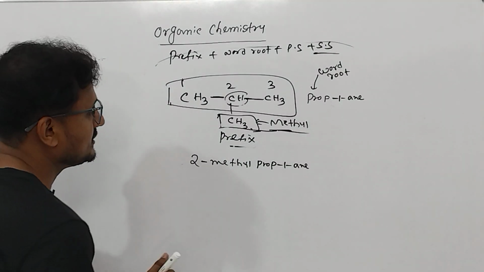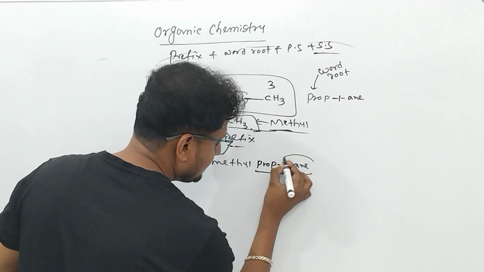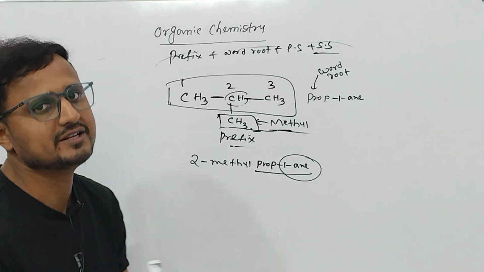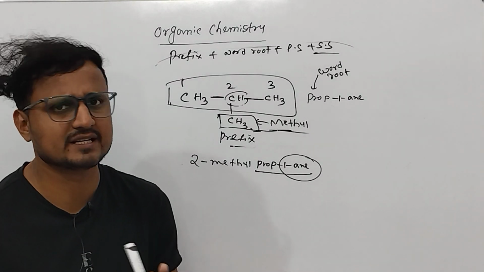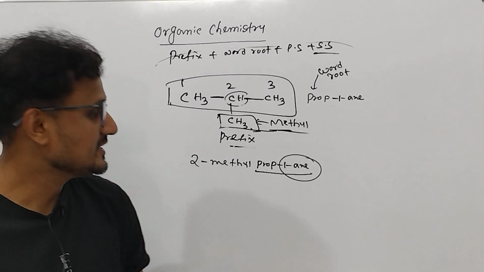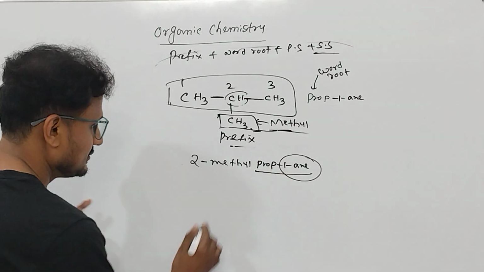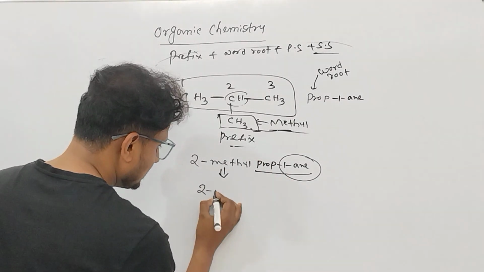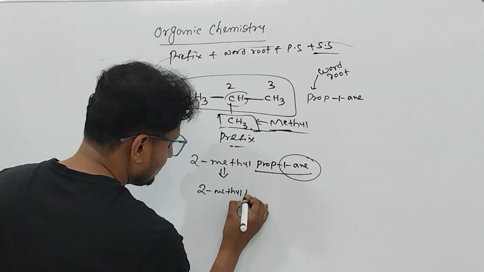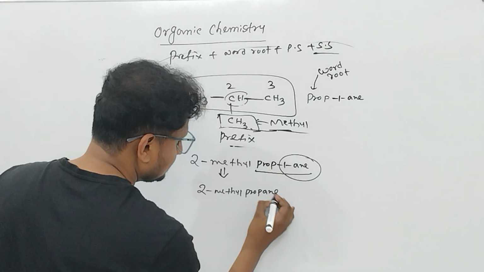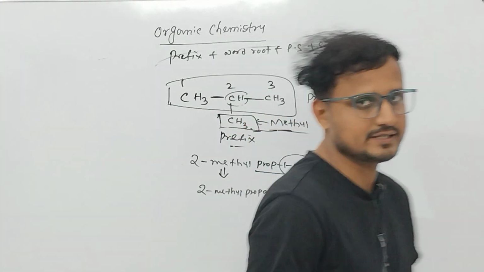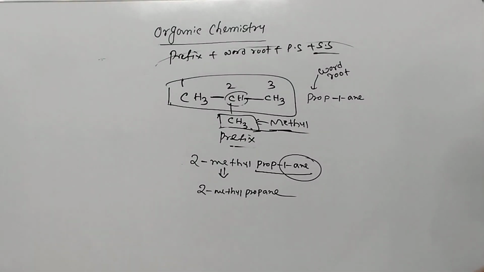Now combinedly you can join this. Prop-1-ane, the 1 you don't have to mention every time because we can consider 1. If it is 2 or 3 then you have to write it. So basically it is nothing but 2-methylpropane.